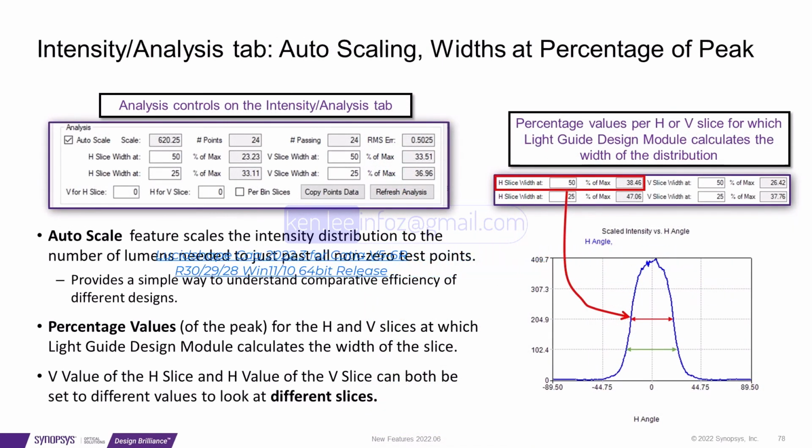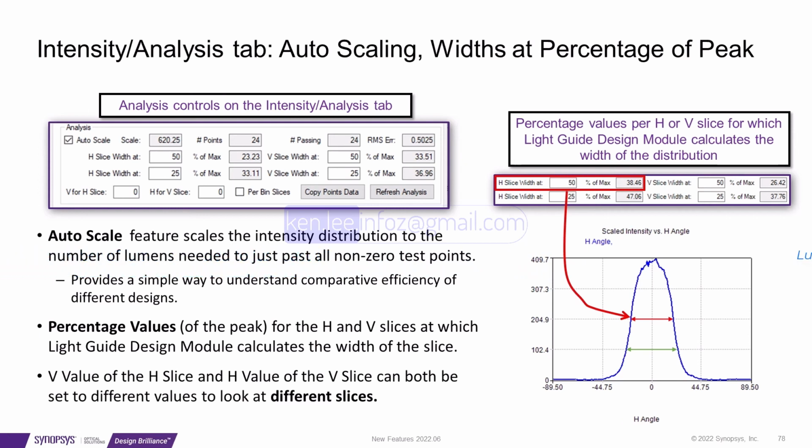The next tool helps with the design of an efficient system. The Auto-Scale feature scales the intensity distribution to the number of lumens needed to just pass all non-zero test points. It provides a simple way to understand comparative efficiency of different designs.